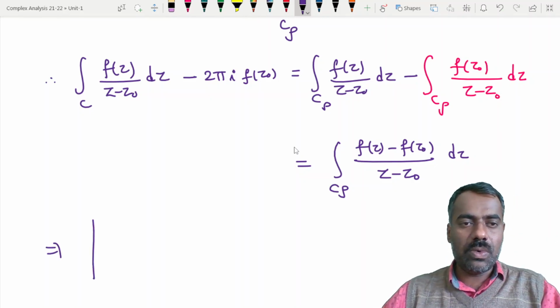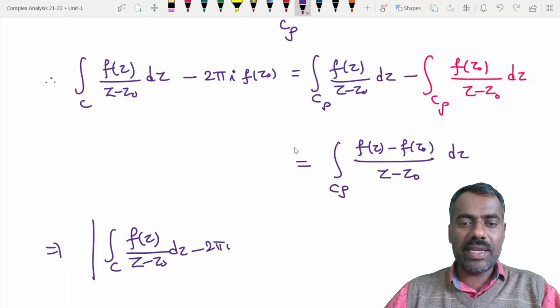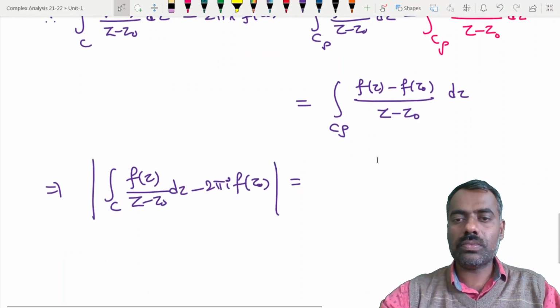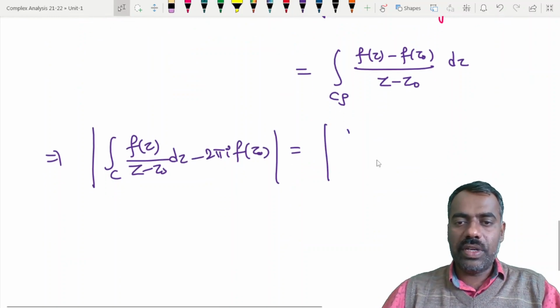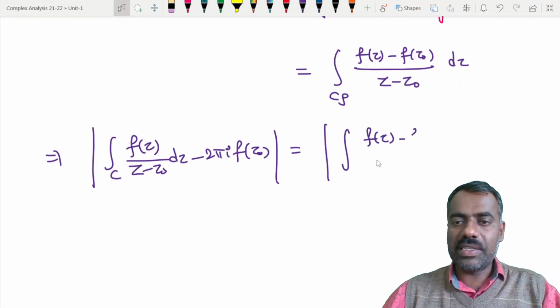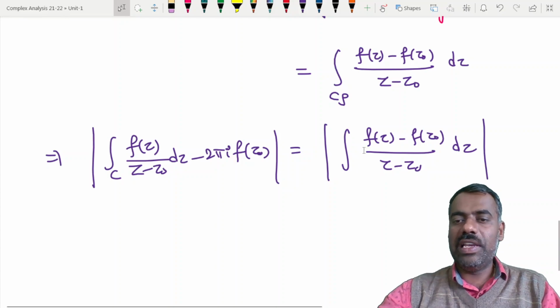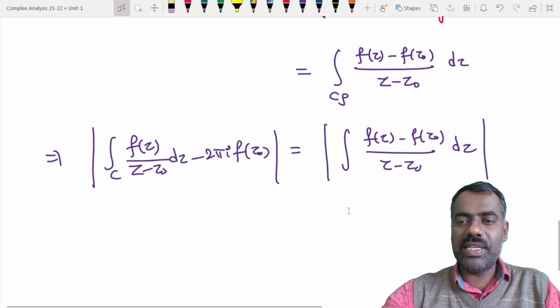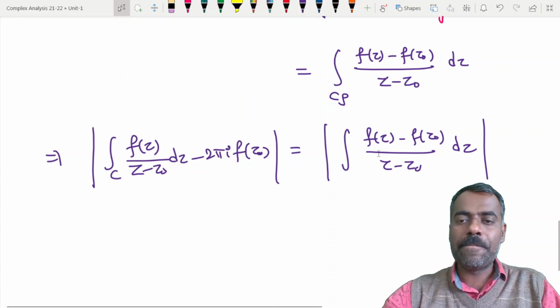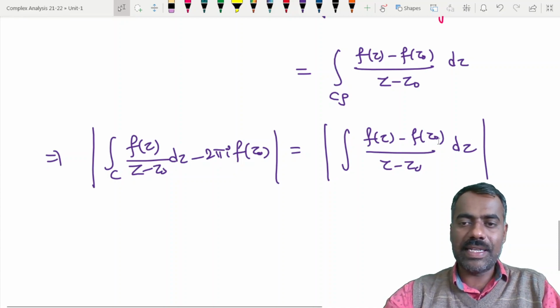This implies the modulus of the integration over c of f of z upon z minus z naught dz minus 2 pi I times f of z naught is equal to the modulus of the integration of f of z minus f of z naught upon z minus z naught dz. Now how do we simplify this right hand side? Using the fact that f is analytic, so in particular it is continuous at z naught.